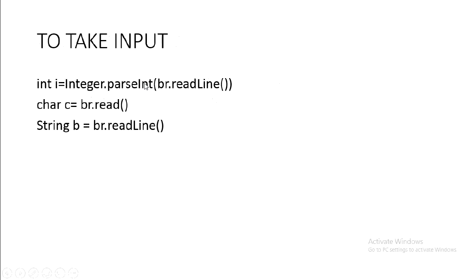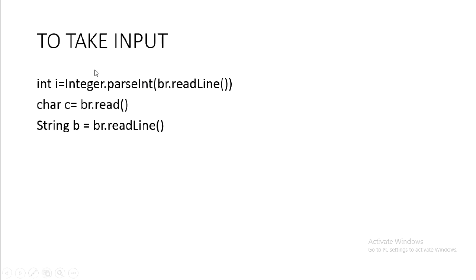For taking the input, we have to use the wrapper classes, as we are aware that not everything can be in the form of an integer, or a double or float. Whatever we type in Java is basically in the form of a string, or even I can say a character. So to convert that into numeric form, that is integer or double or float, we have to use the wrapper class.